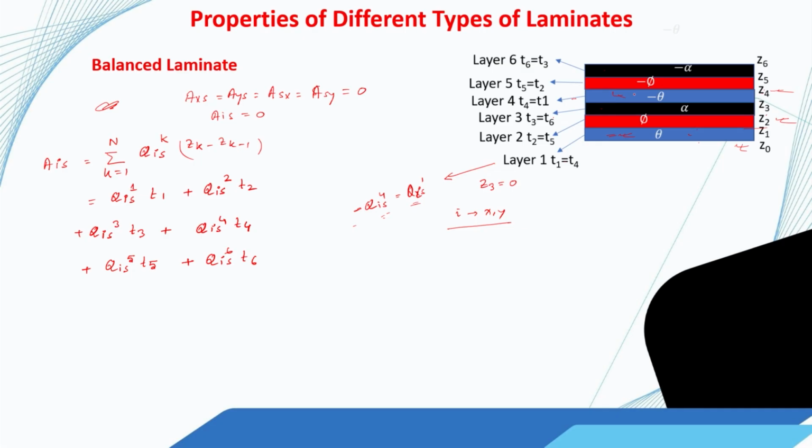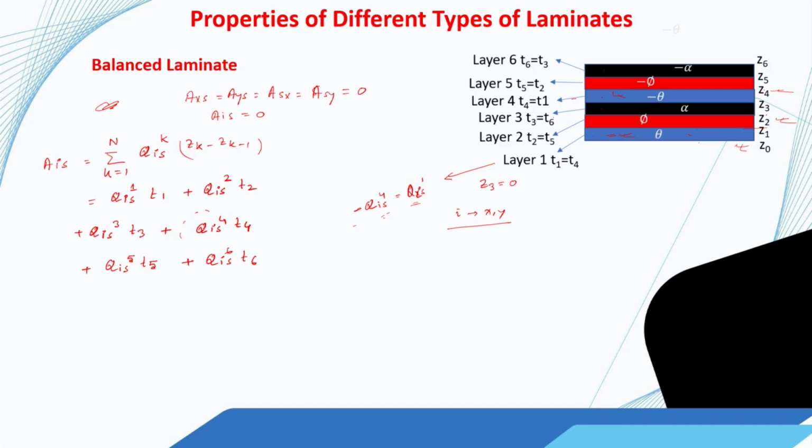Now, let us look at these two blue layers which balance each other. So, first and fourth. So, Q̄IS of 1 is equal to minus Q̄IS of 4, and T4 and T1 are same.